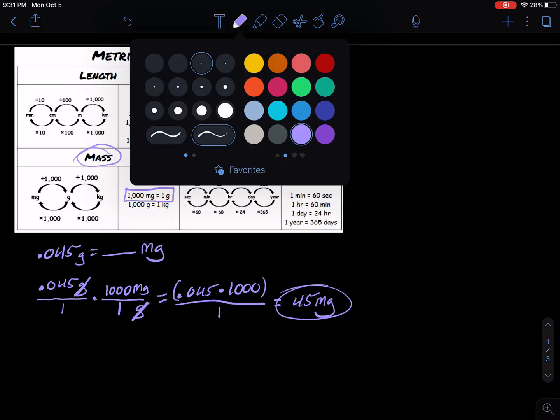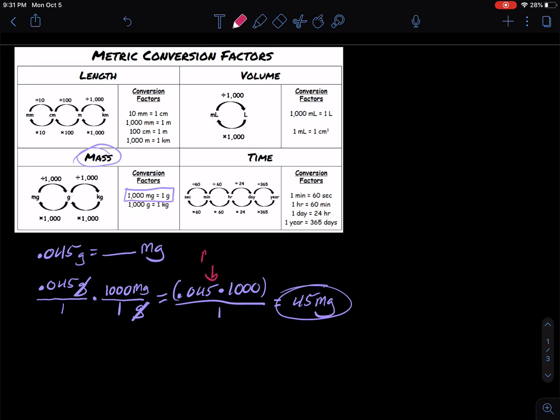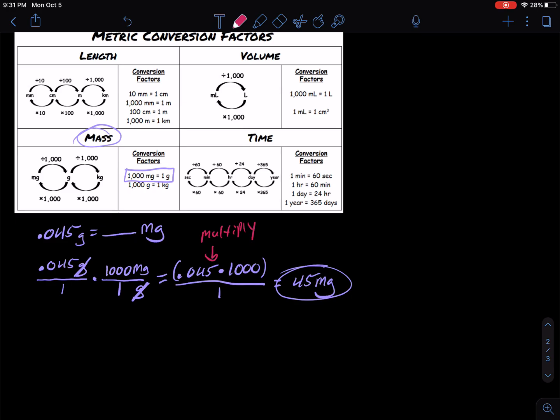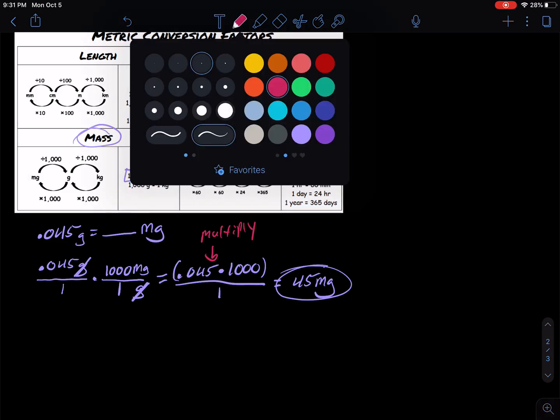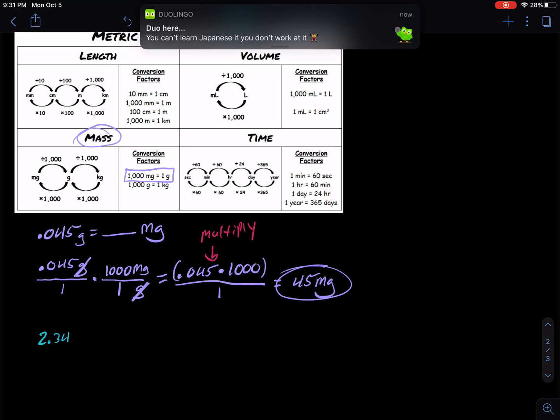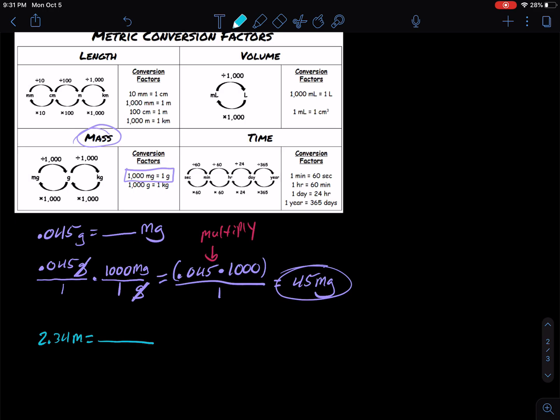Now we have the step where we are going to multiply. So let's go through another one. This one I want you to actually solve. If you have 2.34 meters, that equals how many centimeters?